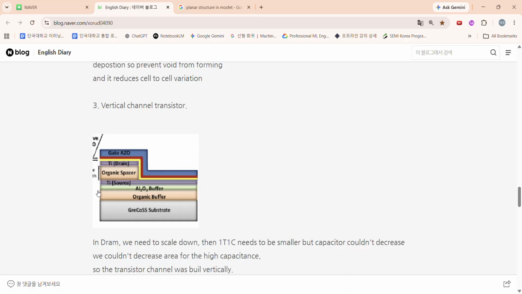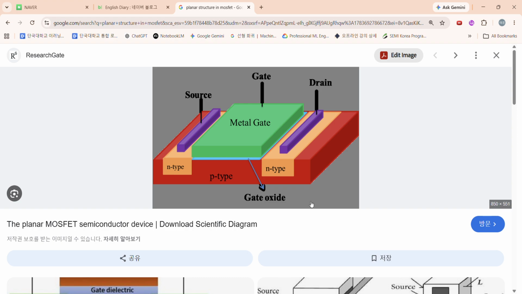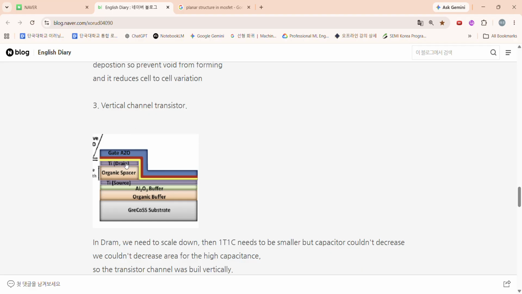The drain and source form is not the same as the planar structure, because originally drain and source are lined up in the horizontal direction, but here they are lined up in the vertical direction, and there is a spacer.